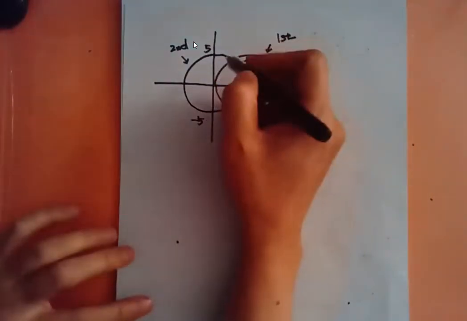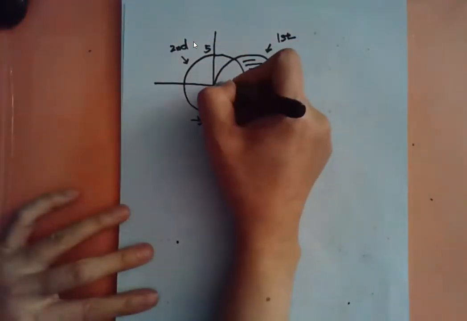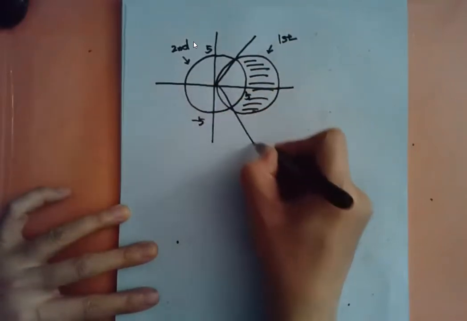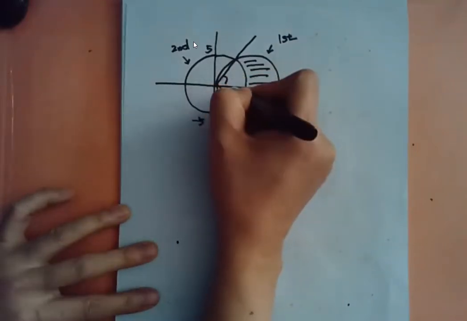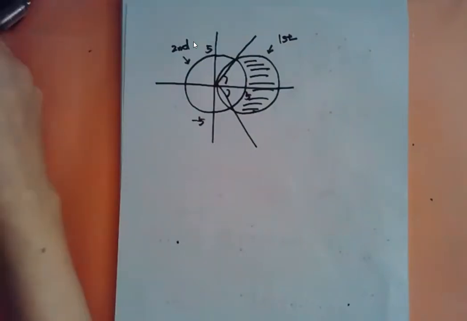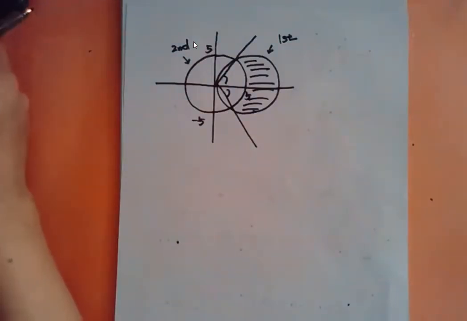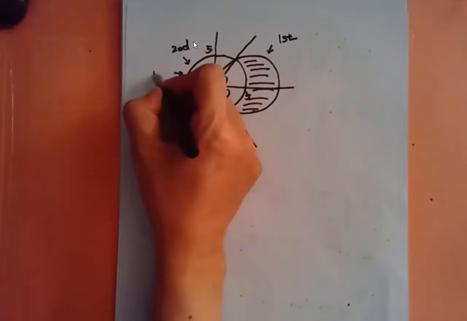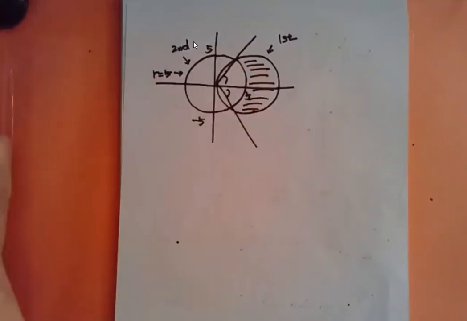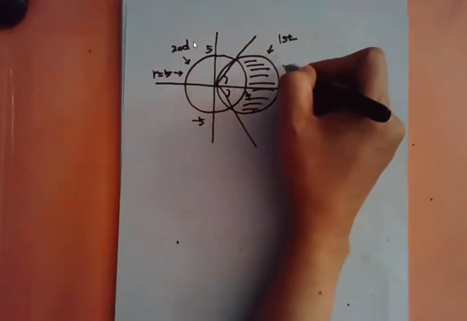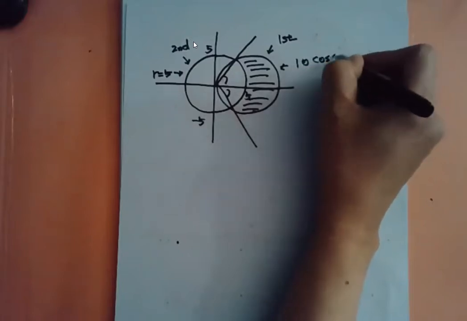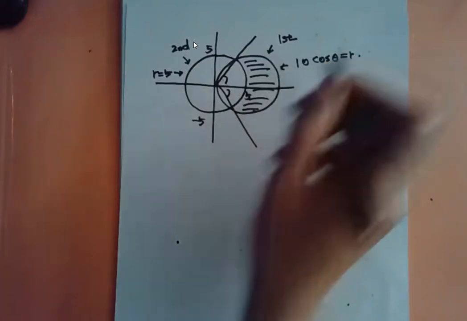And then we have to calculate each angle. So this is r equals 5. And this is 10 cosine of theta equals r.